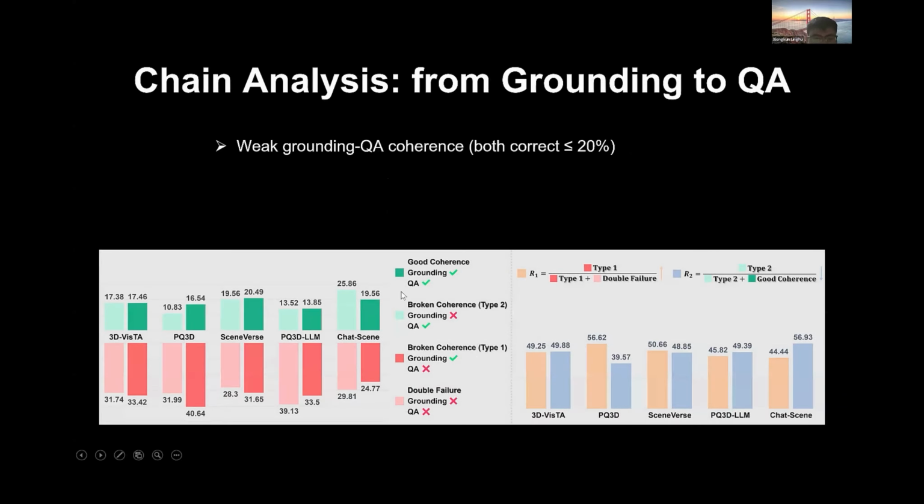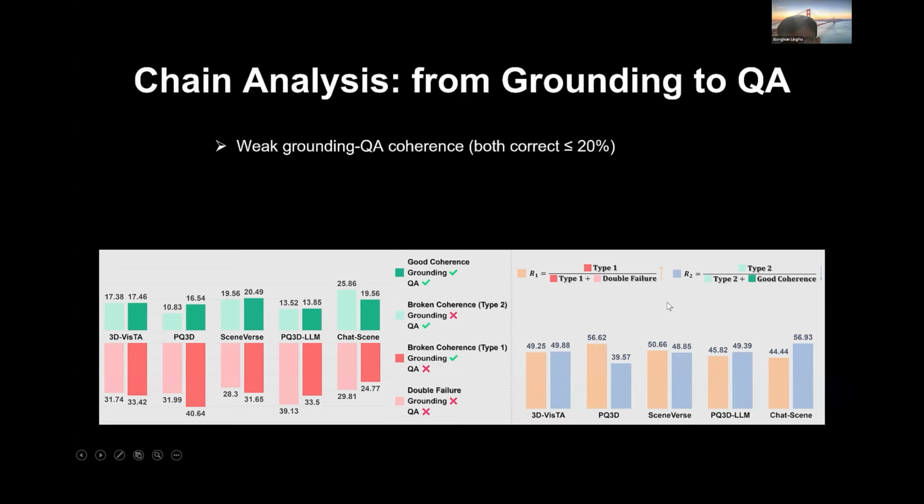We also show the results of grounding QA coherence. We can see that all the methods have poor grounding QA coherence. The dark gray bars mean perfect coherence, which means that the grounding result and the QA result are both correct for a single object and question.